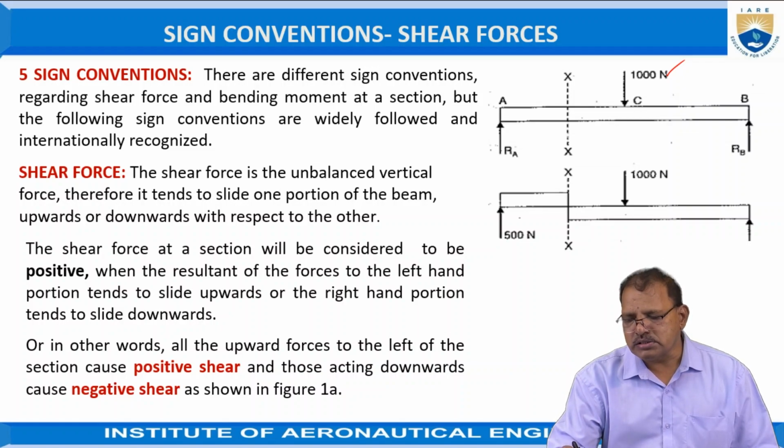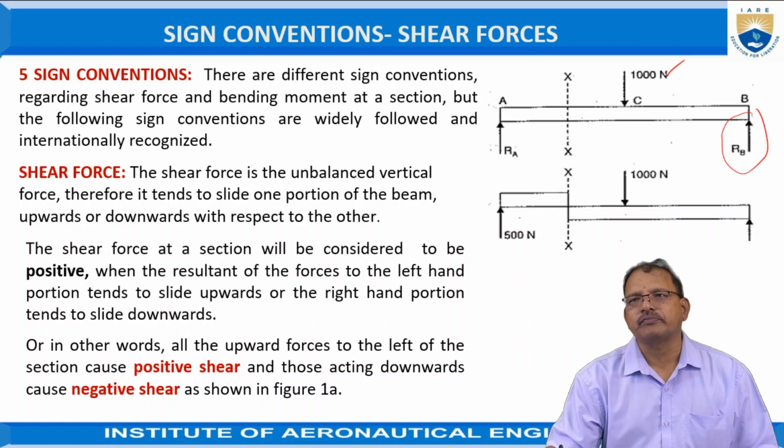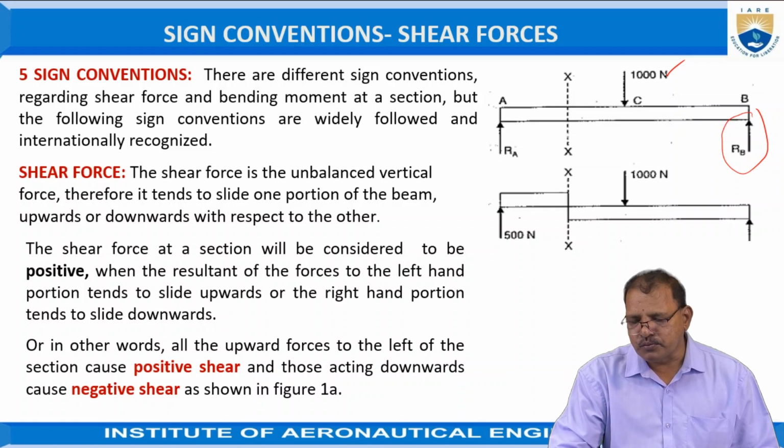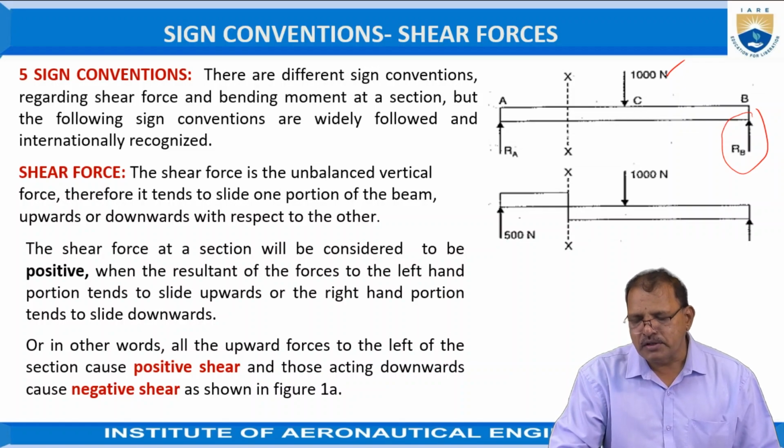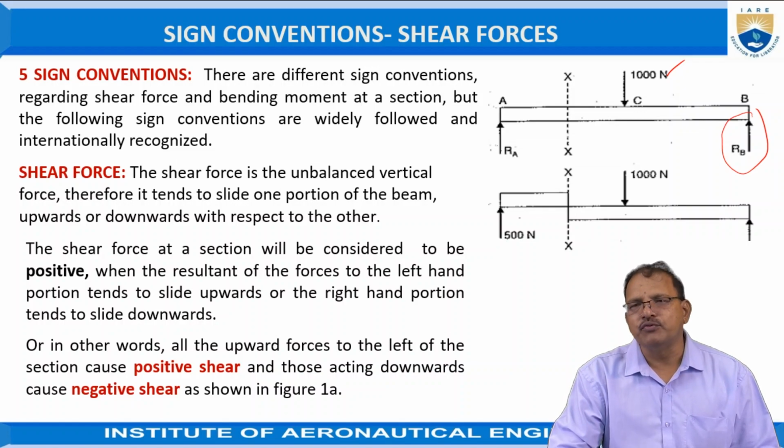Similarly, the reaction at B always tends to slide the portion of the beam between B and X in an upward direction. That means it tends to slide upward with respect to the left-hand side portion. Hence, this vertical force acting at B is treated as a negative force.